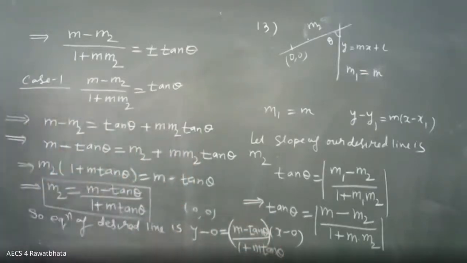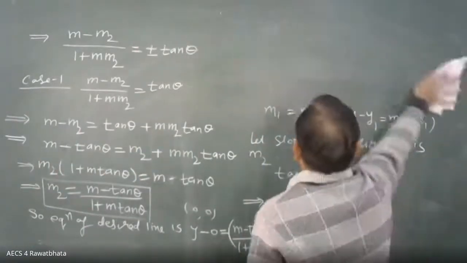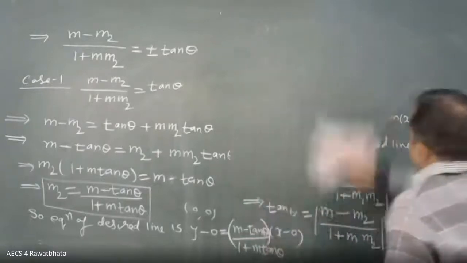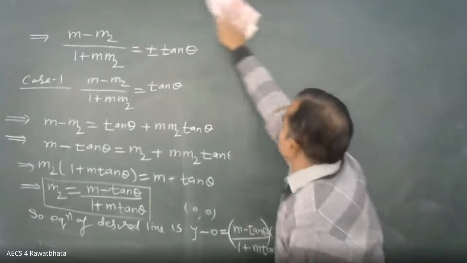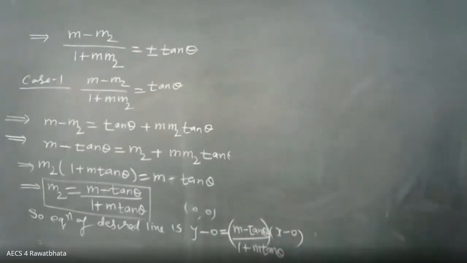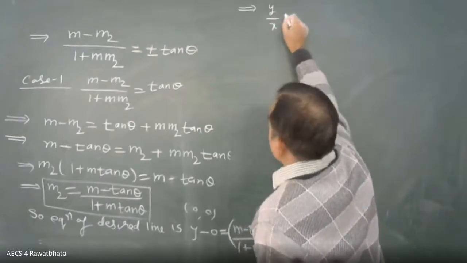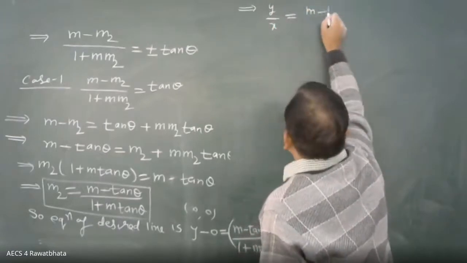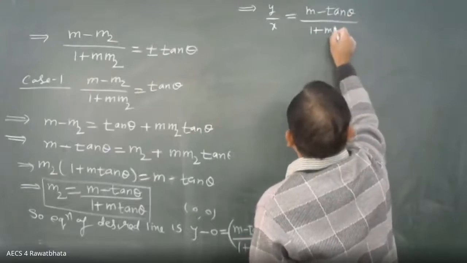Let us take x on the left side. So here is my first answer: y upon x equal to m minus tan theta upon 1 plus m tan theta.